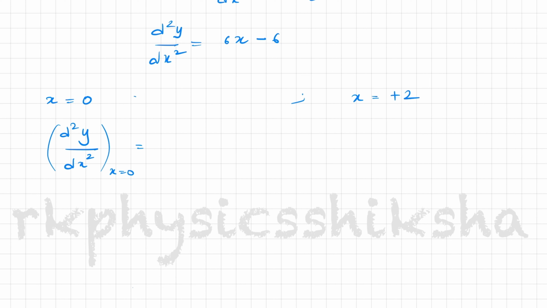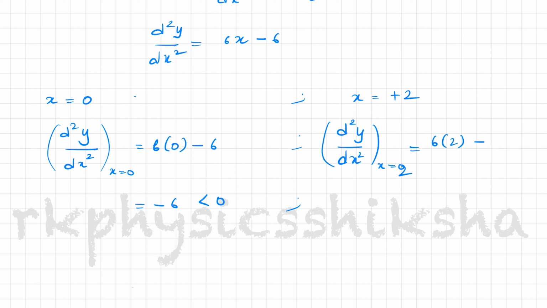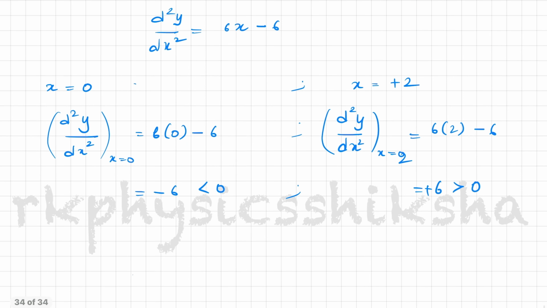Substituting x is equal to 0, I get 6 into 0 minus 6, that gives me minus 6, which is less than 0. Next, d square y by dx square at x is equal to 2 will be 6 into 2 minus 6, that gives me 6, which is positive, greater than 0.